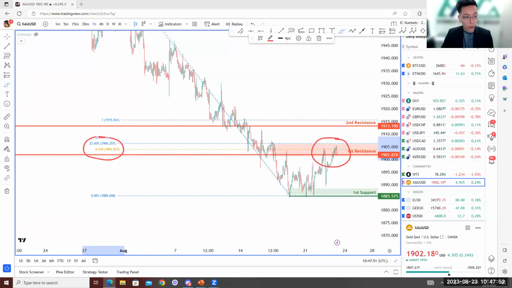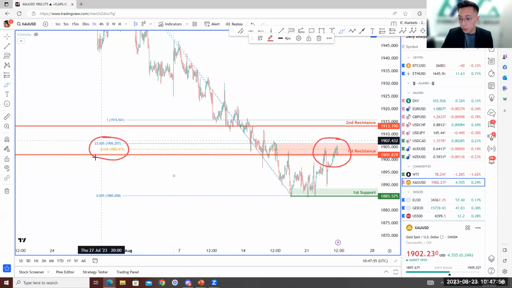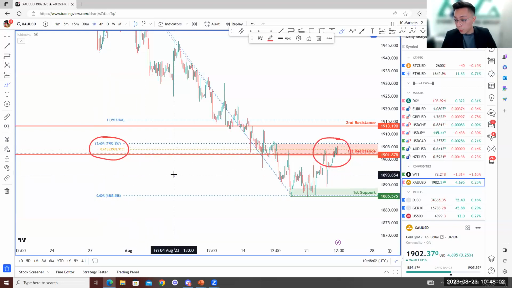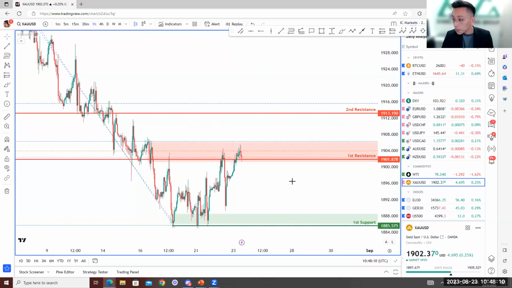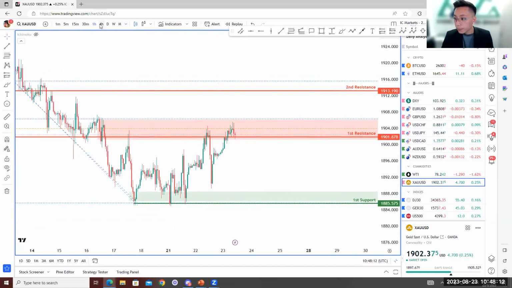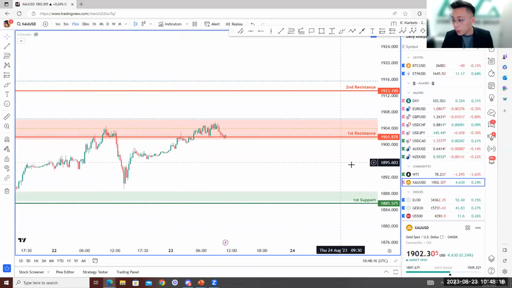Okay, let's carry on. For this area, we have the 23.6% Fibo retracement level and the 61.8% Fibo projection level, right? Okay, so this is our sell zone right here. And you can see, let's go to 15 minutes where our entries are at, right?